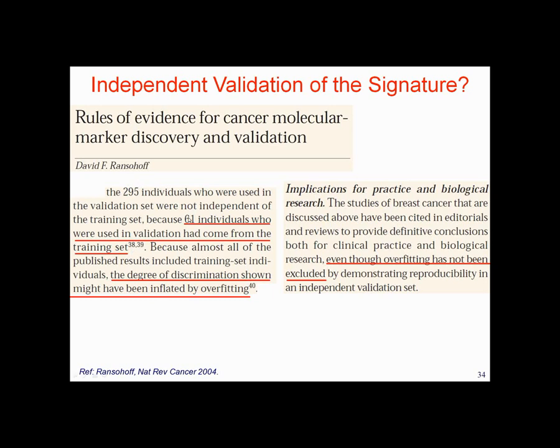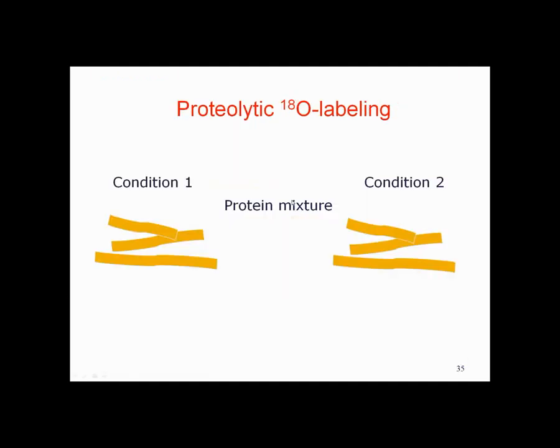So obviously this skews the evaluation of the performance of the signature towards the results seen in the training data set. And Ransohoff actually says that the degree of discrimination shown might have been inflated by overfitting, because the validation data set looked similar to the training data set, right?